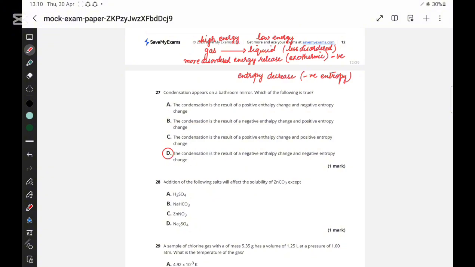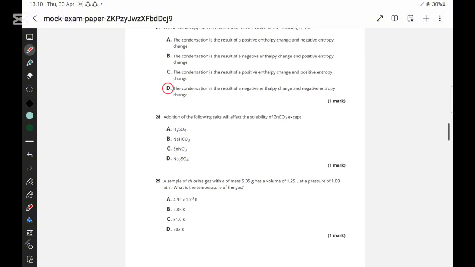So the next question is saying addition of the following salt will affect the solubility of zinc carbonate. Zinc carbonate is very slightly soluble in water. It forms zinc ions plus carbonate ions. First, sulfuric acid. It forms two hydrogen ions plus sulfate ions.